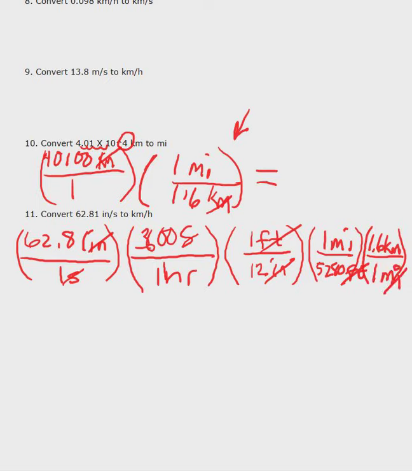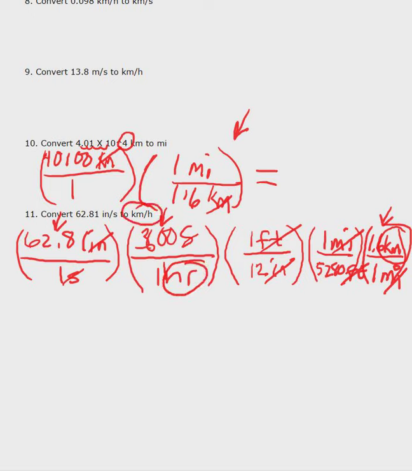The miles cancel. So now you have to multiply 62.8 times 3,600 times 1.6. And then on the bottom, you're going to have to multiply 12 times 5,280. Your units that you have left are kilometers and hours, and that's what we're looking for.